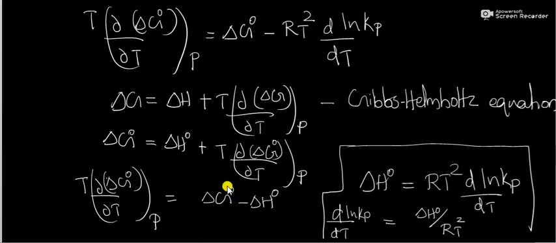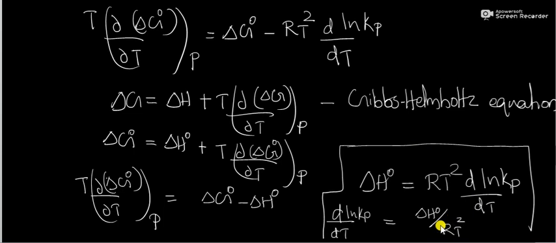In these two equations, LHS are same. So we can equate both these two equations and we can find that delta H0 is equal to RT square into d by dt of ln Kp, or we can write d by dt of ln Kp is equal to delta H0 divided by RT square.